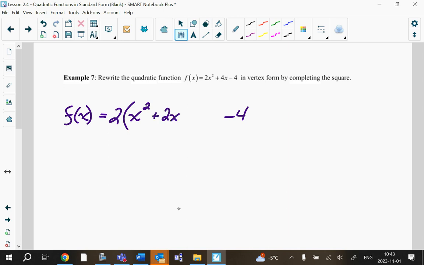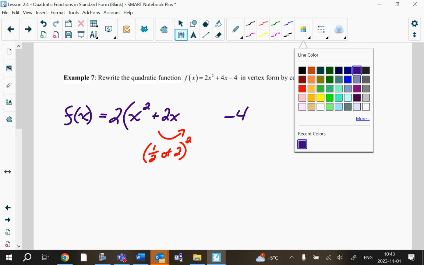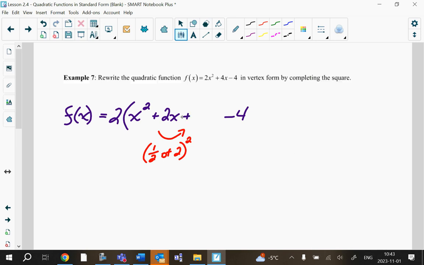Now look inside the parentheses and let's complete the square. What do I add and subtract? Half of 2 and then square it. Be confident. Plus or minus? If I add a +1, then I need a -1, and then I close it off. But I've got to bounce that -1 out.